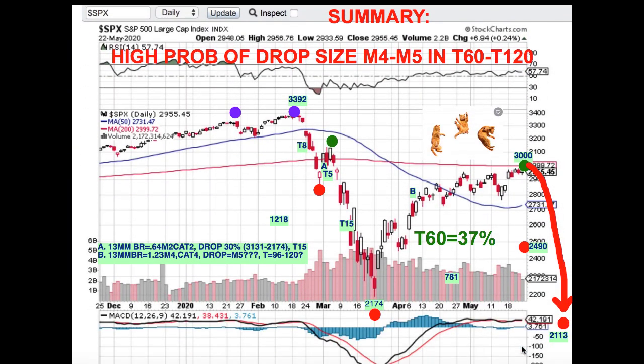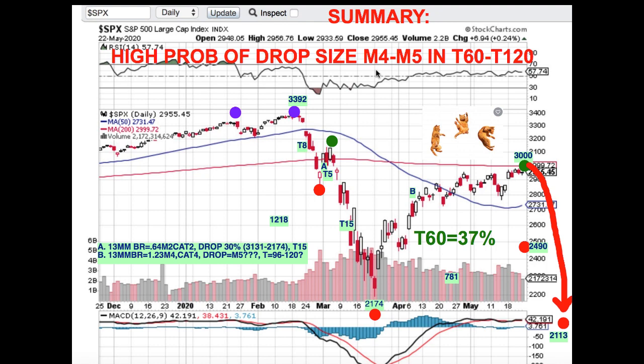Now, the summary of this in application to the current circumstances is quite simple, guys. The two historic charts that we have matched as far as time frame, the pattern, and pre-existing conditions point to magnitude 4 and magnitude 5 type drops, which, to remind you, is a drop anywhere from 30 to 40% plus in the overall index or the overall market.